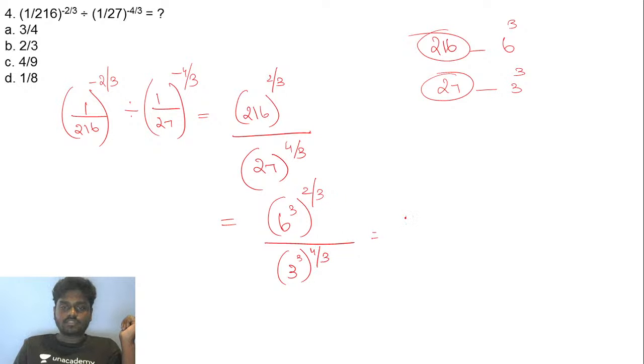Now what happens? It is 6 power 3 into 2 by 3 divided by 3 power 3 into 4 by 3. So 3 gets cancelled here, and you will be left with what? 6 power 2 is 36 divided by 3 power 4 is 81.